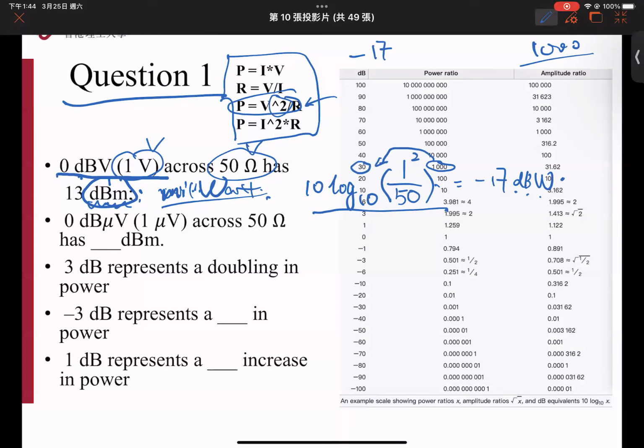So to convert, we add 30 dB to this value to change it into dBm, which is dB milliwatts. Because in the unit of dB, it should be addition or subtraction of the value. So in total we've got minus 17, we add 30, so we got positive 13. That's how it works.